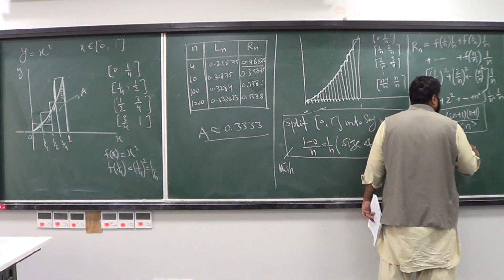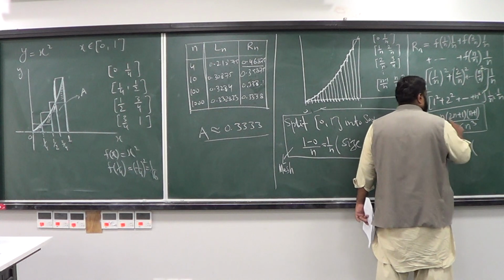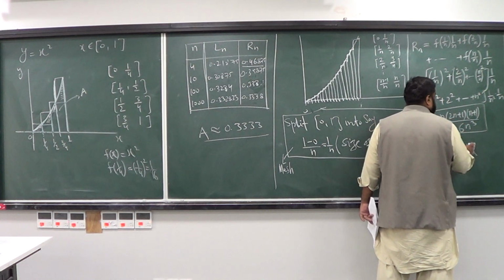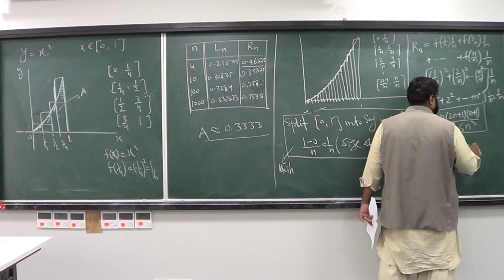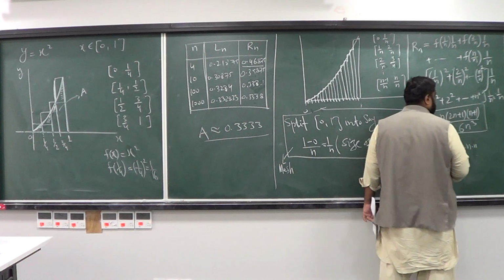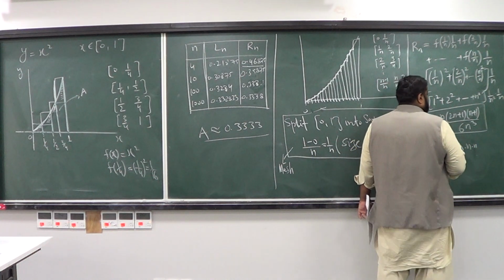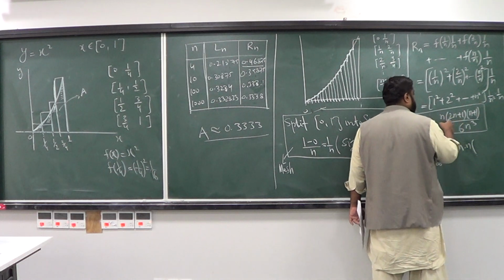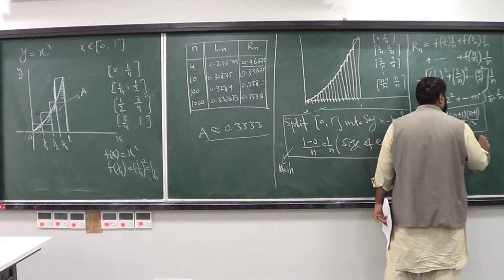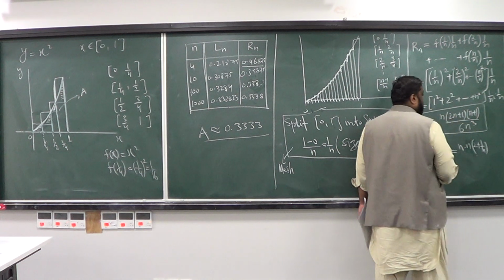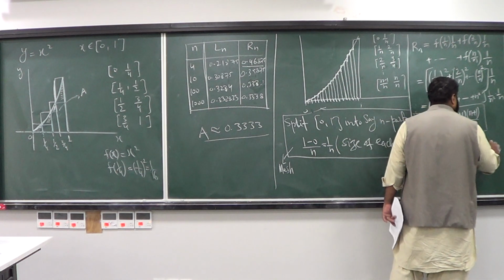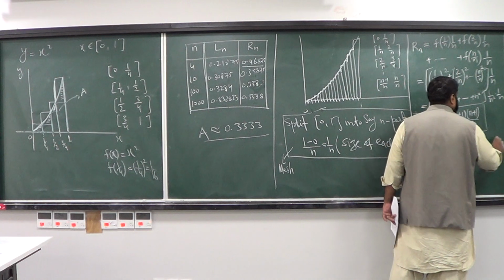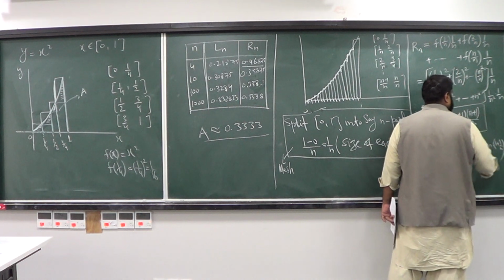I can also take n. So if I pull out n out of this bracket, this is going to be 2 plus 1 over n. And if I pull n out of this bracket, it's going to be 1 plus 1 over n.